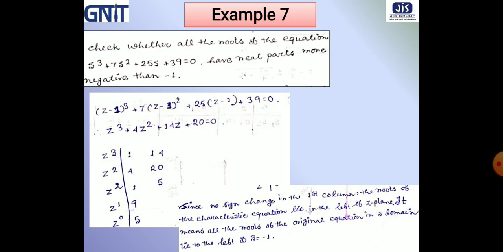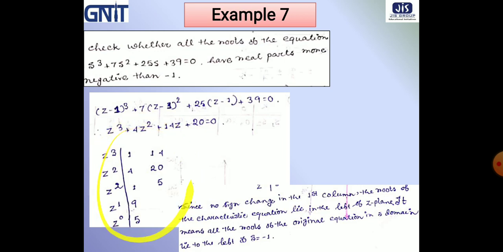So after applying the formula a minus b whole cube and after simplifying, you just get the result like this: Z cube plus 4Z square plus 14Z plus 20 is equal to 0. Now put the Routh array criteria here.